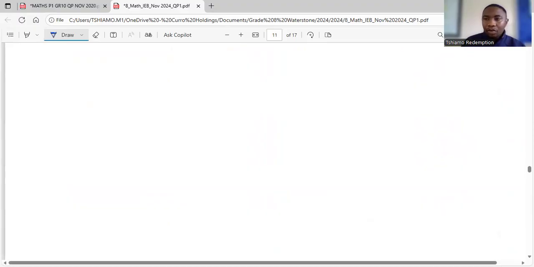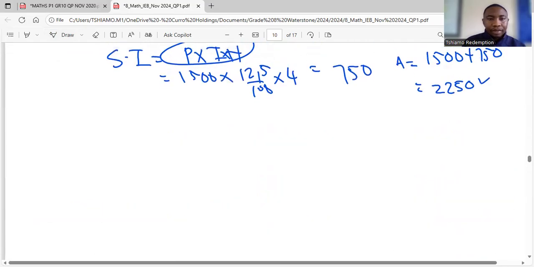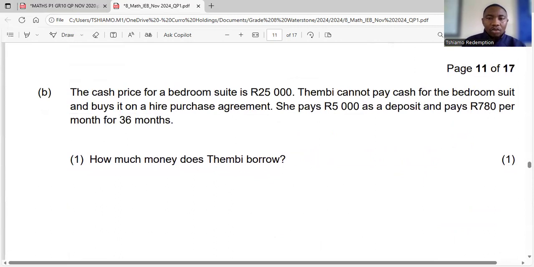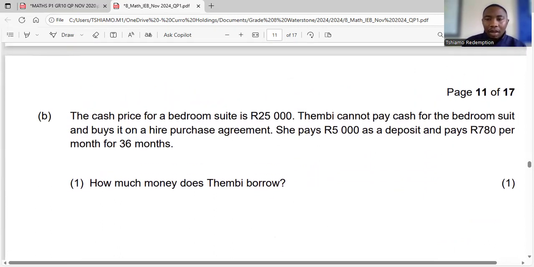Okay, moving forward. So the cash deposit for a bedroom suite is 25,000. Tembi cannot pay cash for the bedroom suite and buys it on a hire purchase agreement. Very important, hire purchase agreement, we're using the simple interest agreement.